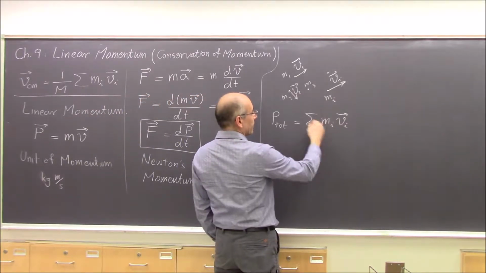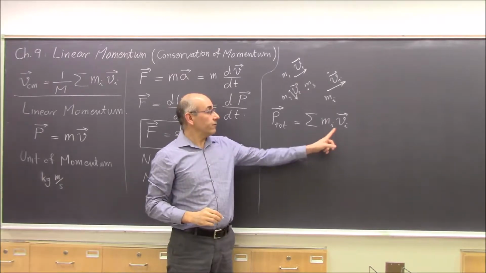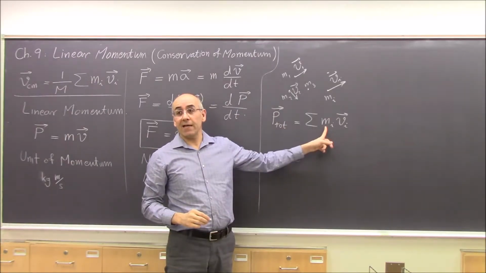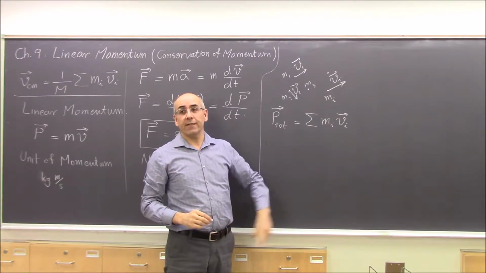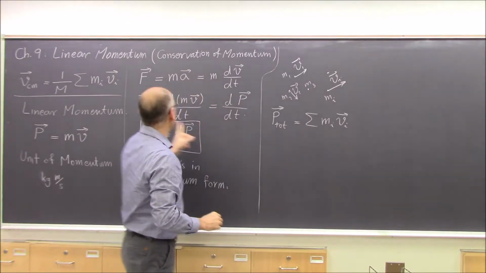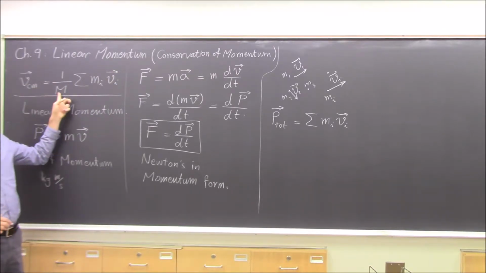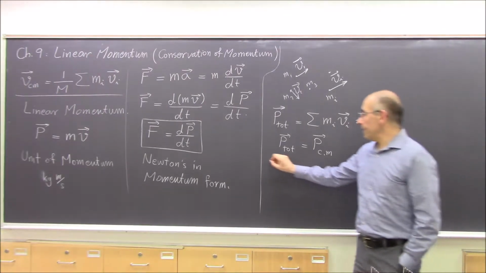That is the total momentum of the system, which is a vector. If we multiply each velocity by its mass, and then add them together, right? That's the total momentum of the system. And look at this. This total momentum of the system is equal to the momentum of center of mass.